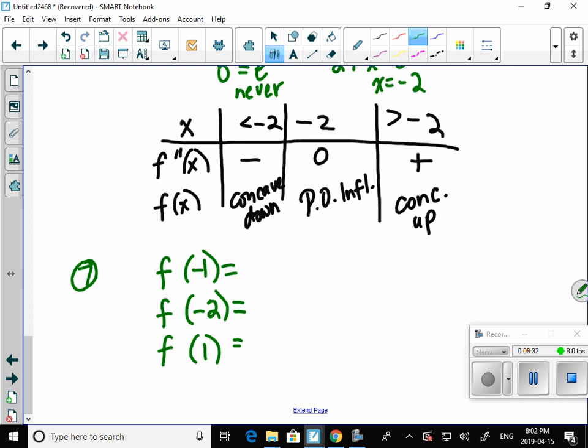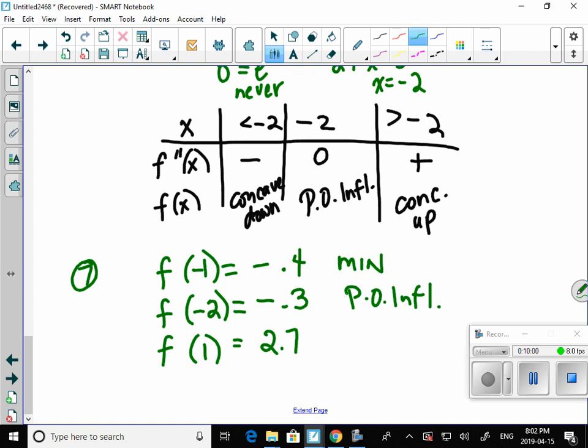So if we use our original function, at -1 I have negative 0.4, and that's going to be our minimum. If I use my original function at -2, I get negative 0.3, and that's my point of inflection. And another point, the function at 1 is 2.7.